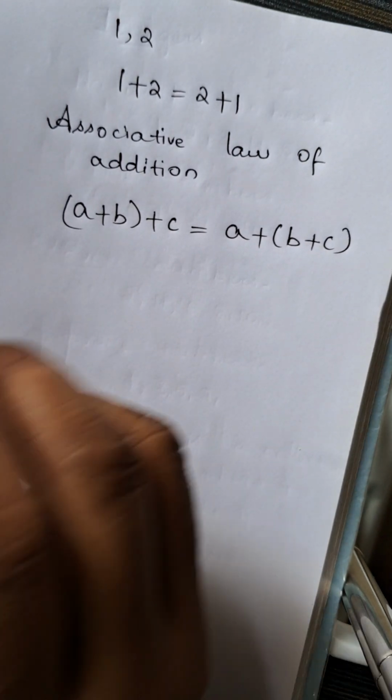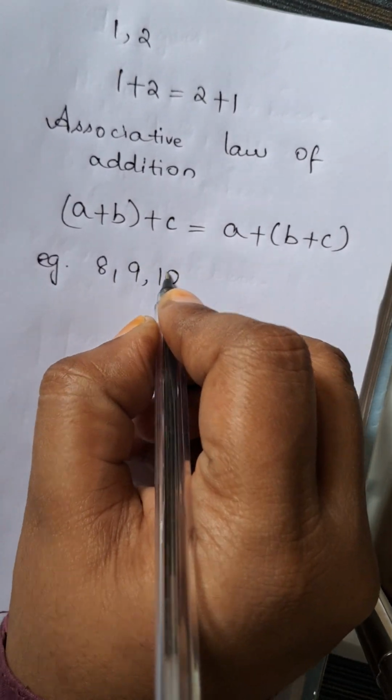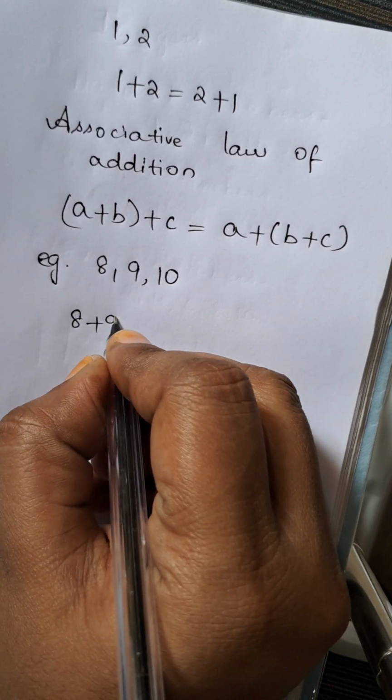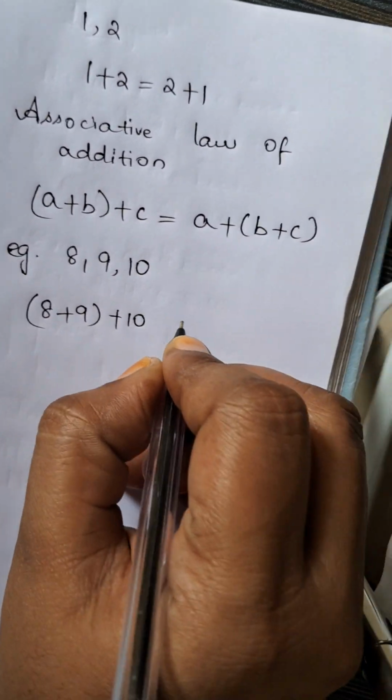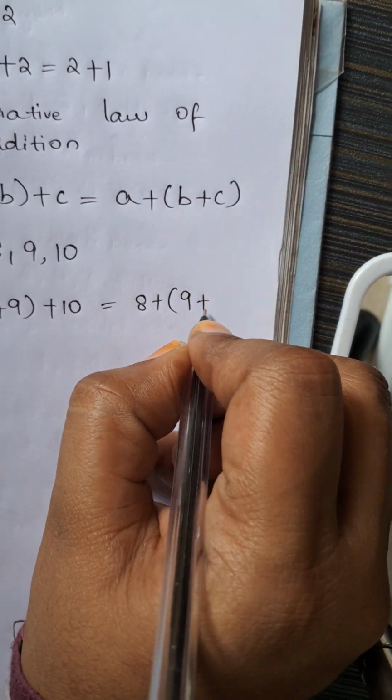Suppose you have any 3 numbers, for example 8, 9 and 10. The associative law of addition for these numbers will be (8 plus 9) plus 10 is equal to 8 plus (9 plus 10).